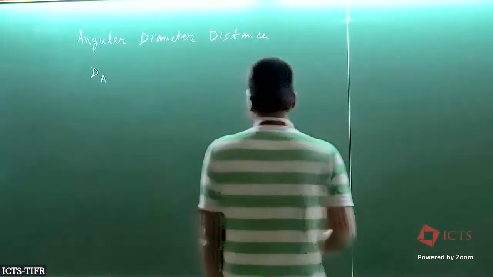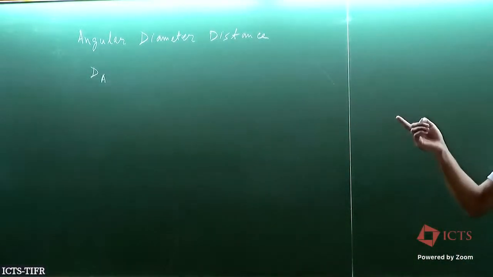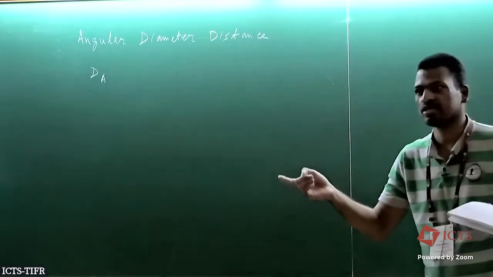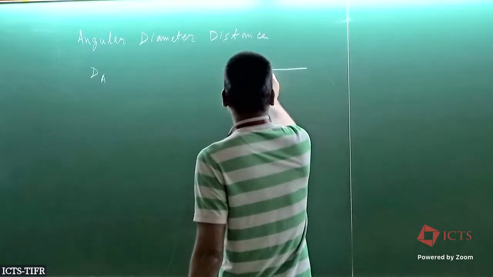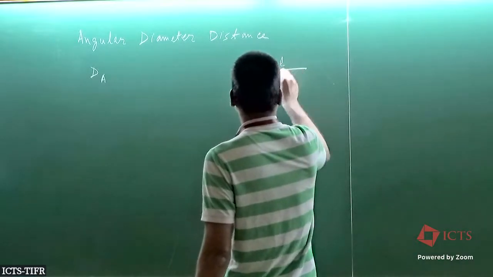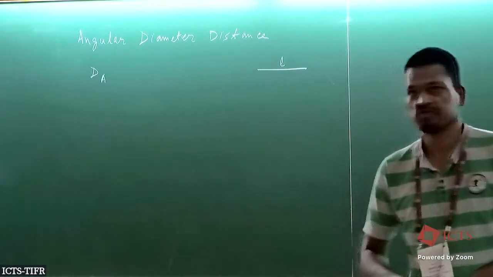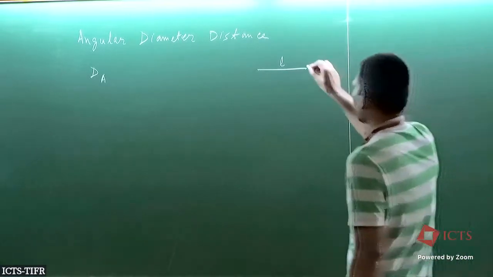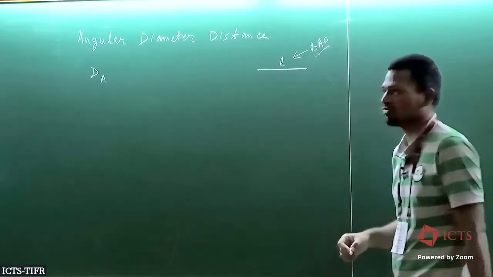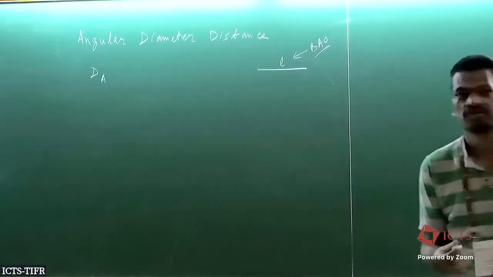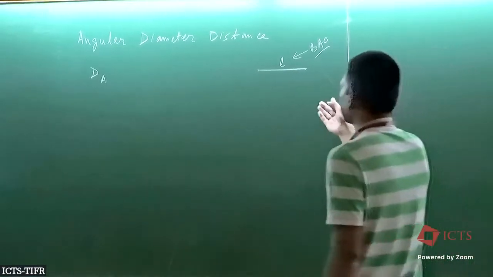Now imagine a scenario where, in place of a standard candle, which is a known luminosity, you have a standard ruler, which means you have a scale and you know the size of this scale, L. This is well known from some standard physics. I'm actually referring to BAO, and I'll come back to how we know this and how we measure that from fundamentals. But for the purpose of distances, let's say you know this size.